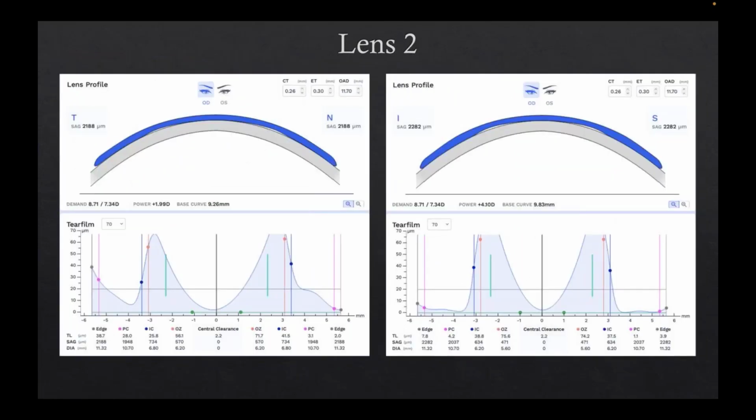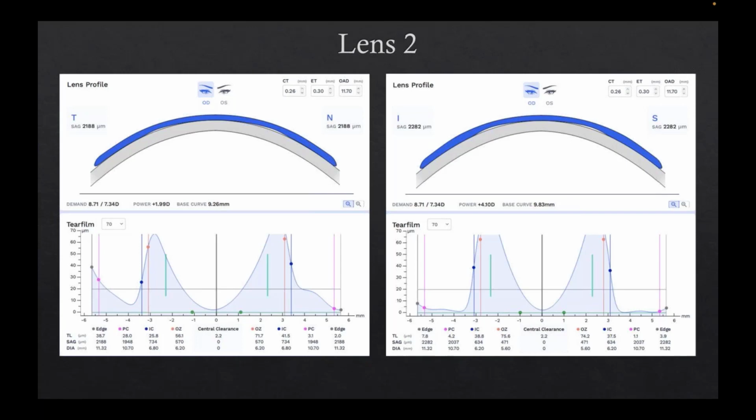And now you'll notice, if you look at the very bottom of the screen where it says diameter, you can see that in the horizontal meridian on the left, I'm at 6.268, and in the steep meridian, vertical meridian on the right, I'm at 5.662.